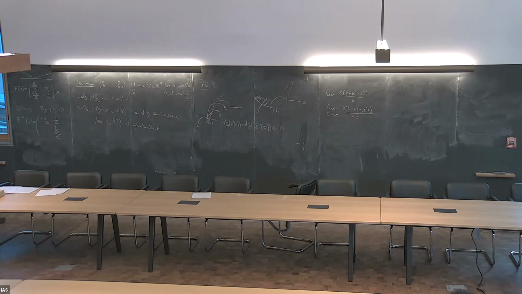So this one, and this one should be something like this, right? This is F inverse. I'm just inverting this matrix.